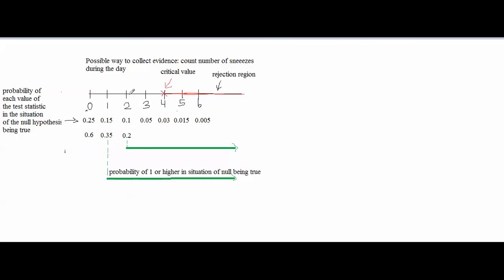meaning it's the probability of sneezing somewhere in this area of the number line, starting at 2, when in the situation of the null being true.